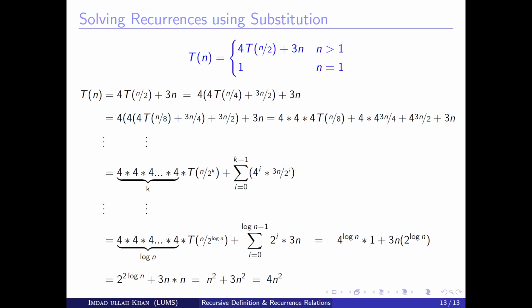Expand this expression on your own using the substitution method. You should be able to land onto the answer over here. If you succeed in doing that, that would be great. Otherwise, you can have a look at the solution.